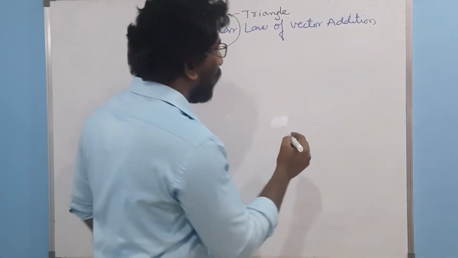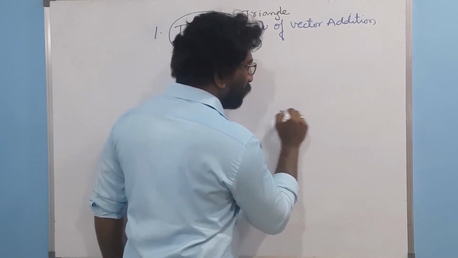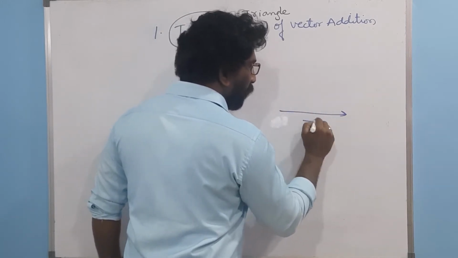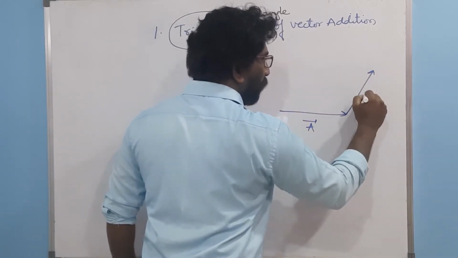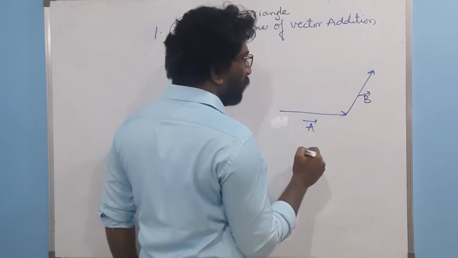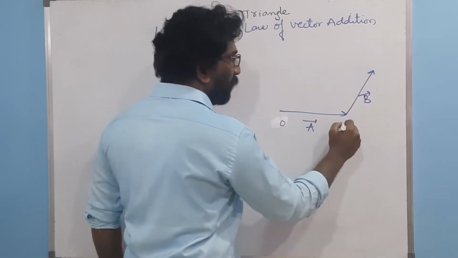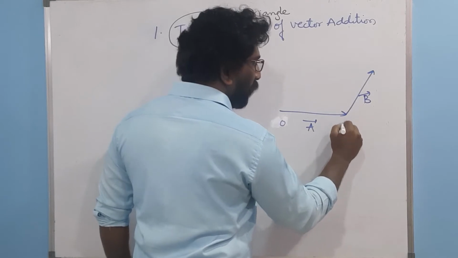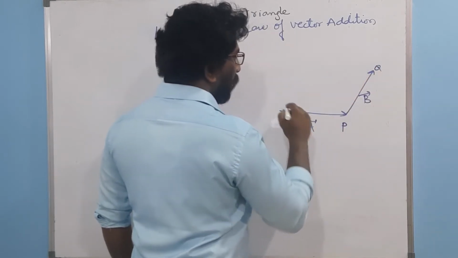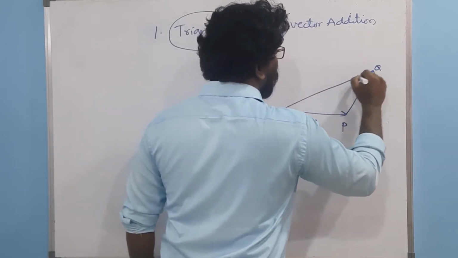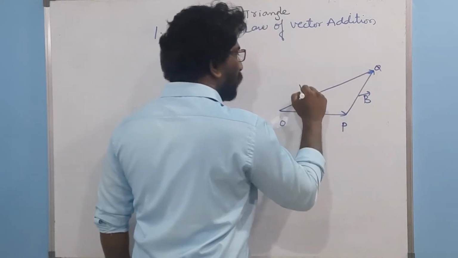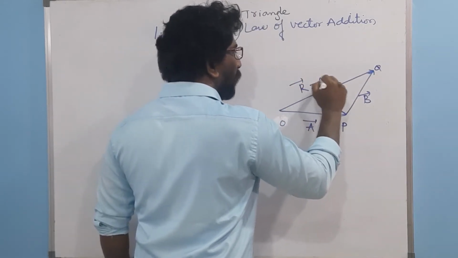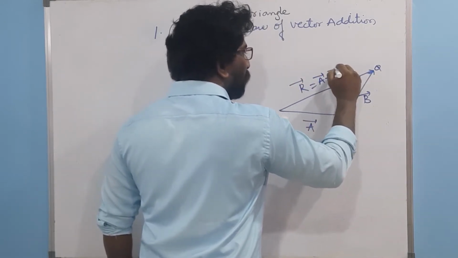So see now, we have taken two vectors, vector A and vector B, which are connected in this fashion. It means both are moving in one particular direction or in the same order. And the third side of the triangle will denote your resultant vector, that is R vector equal to A vector plus B vector.